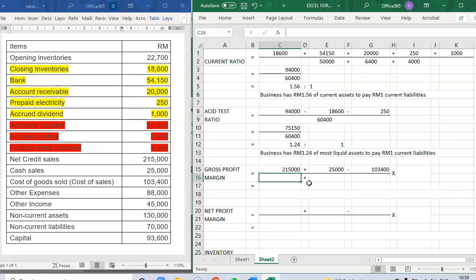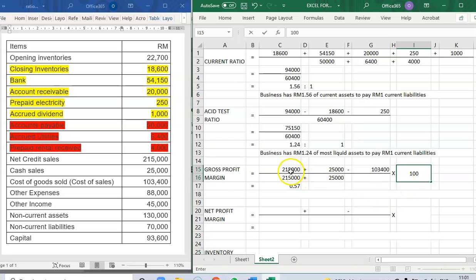And again, the formula for gross profit margin is gross profit divide with net sales. So you already calculated the net sales just now, the net credit sales add with the cash sales. Oh, I forgot, you need to multiply with 100.